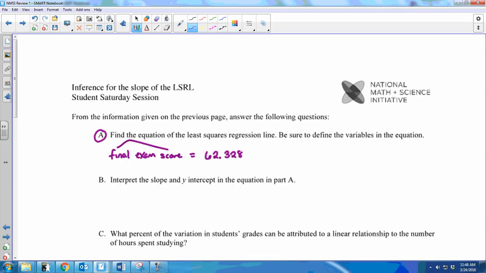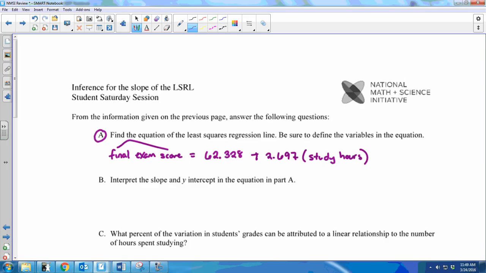That's your y-intercept, just like yesterday in the calculator. Okay, what comes next? Exactly. You have your slope times your x in the table. X is study hours. The coefficient next to it is the slope.